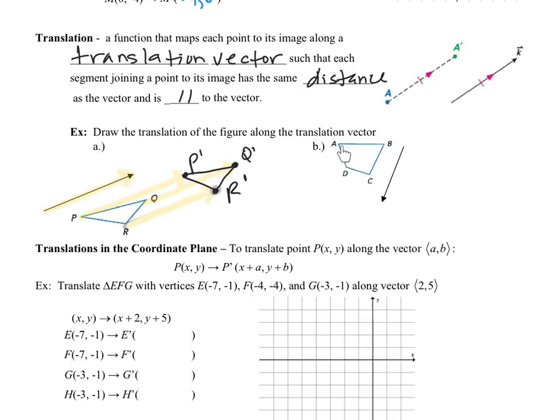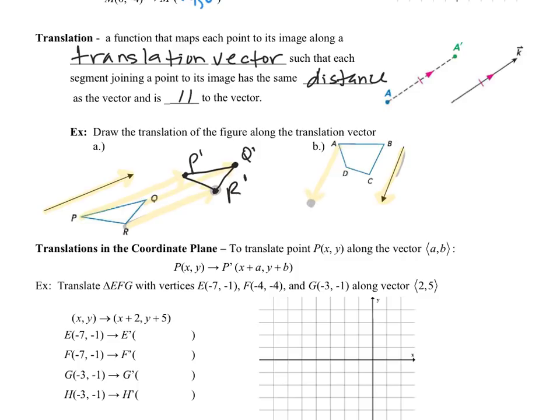This time we're going to take this quadrilateral and we are going to translate it according to this vector. Every point needs to be translated the same distance and the same direction. So point A, again, I'm just going to draw this by hand, but I'm trying to mimic that translation vector.